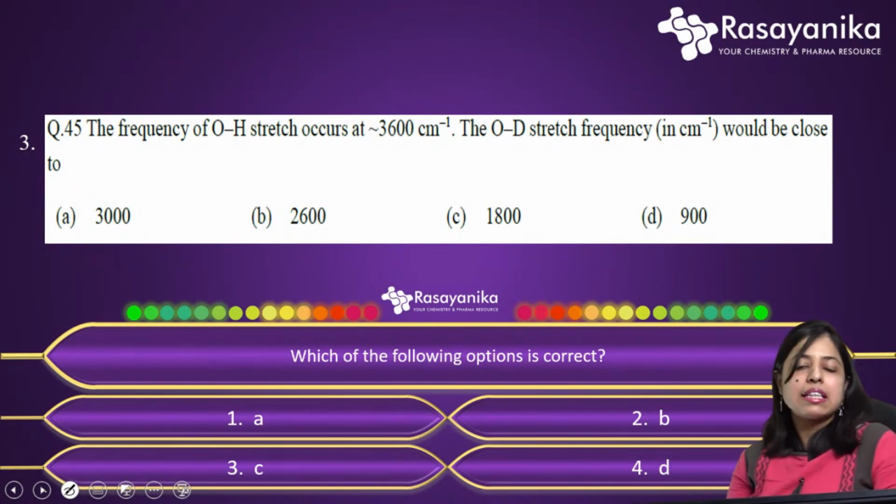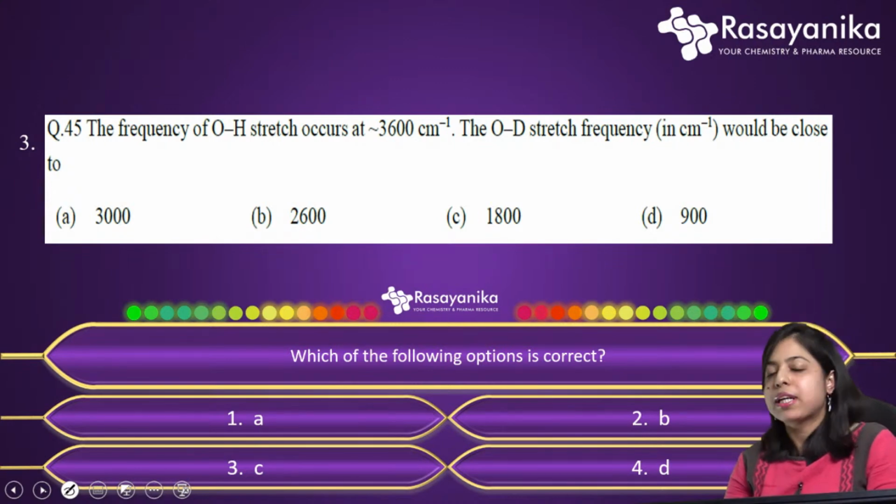You all know that CSIR every year has a very good weightage of marks from the physical chemistry part. So it's very important for you all to prepare physical chemistry and have very good concepts of everything about it.